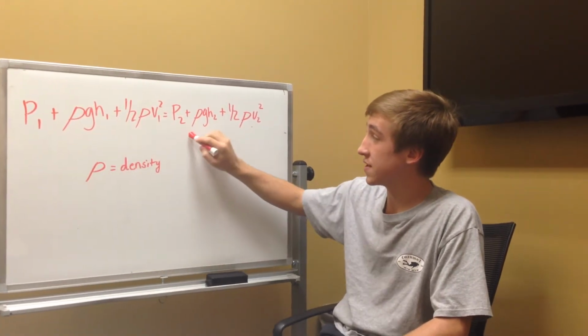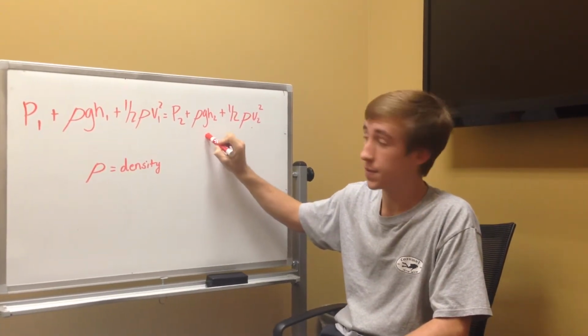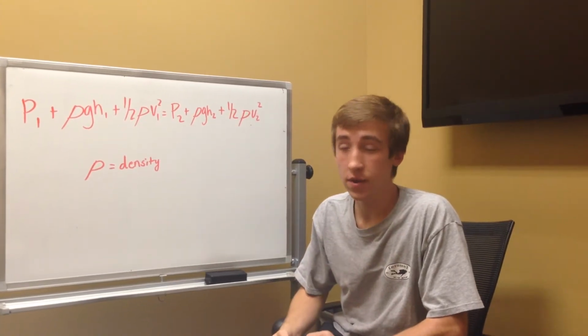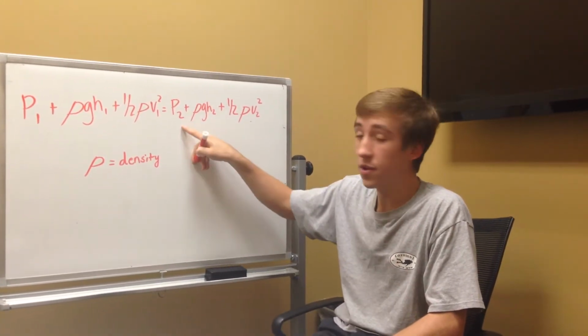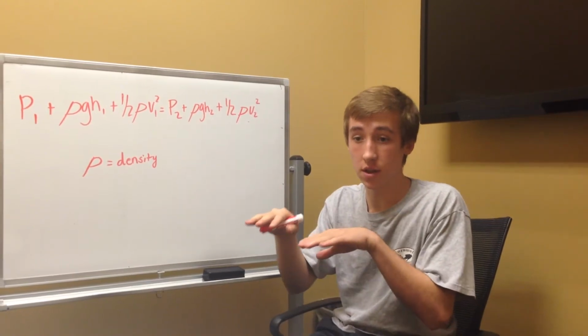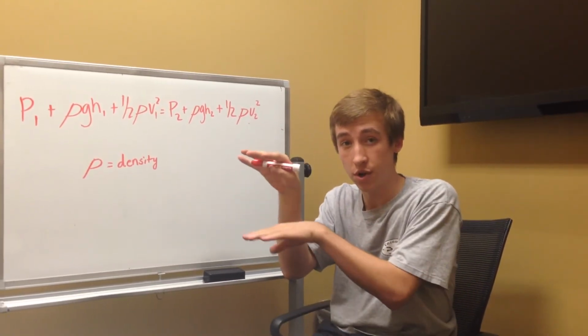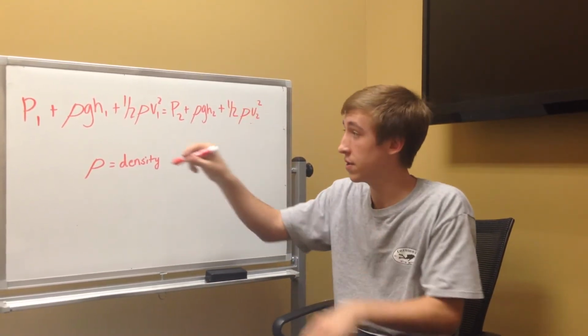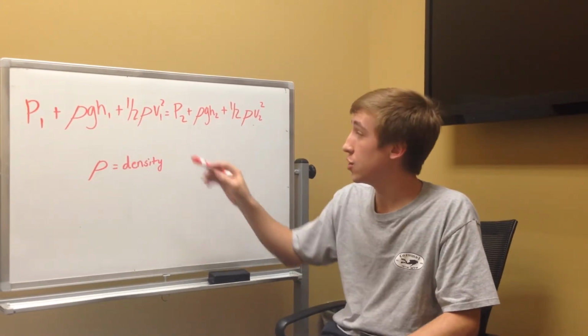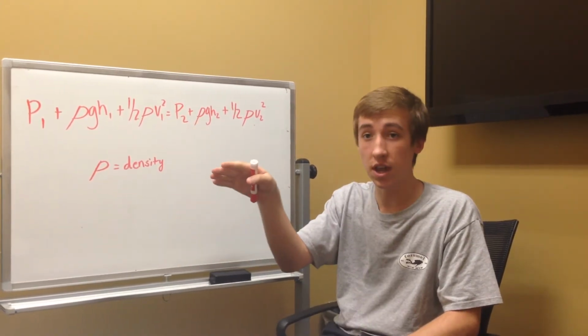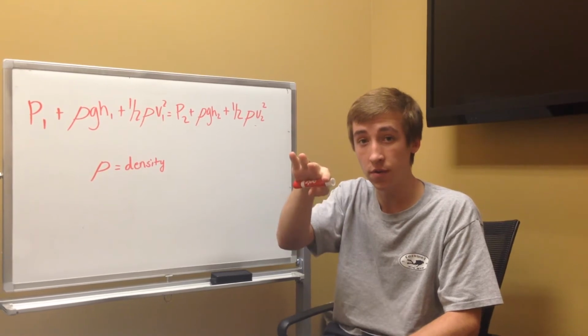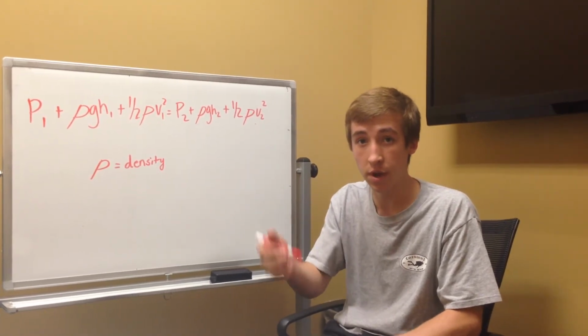All of this is equal to the same constant, but with different numbers. So what this means for an aircraft is that when your atmospheric pressure changes, there's lower pressure on top and higher pressure on the bottom, and this is what creates the lift from the h. And then you also have the velocity, which again means faster particles moving over the top and slower particles moving on the bottom.